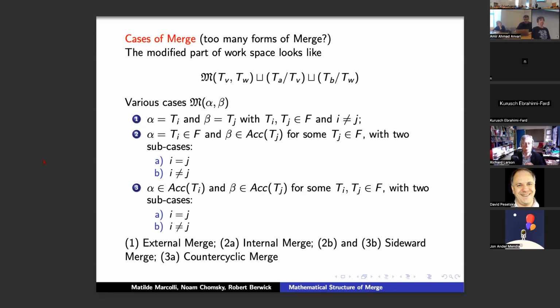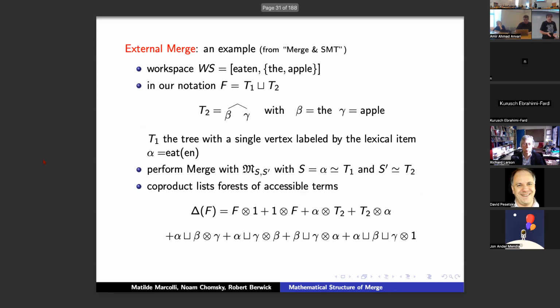The two remaining cases, which are not external merge and internal merge, usually go in the literature by the name of sideward merge and counter-cyclic merge. And there are reasons why one might want to eliminate these, because they do give constructions that are not always linguistically viable. So let me start by describing the two cases that we definitely know we want, external merge and internal merge.